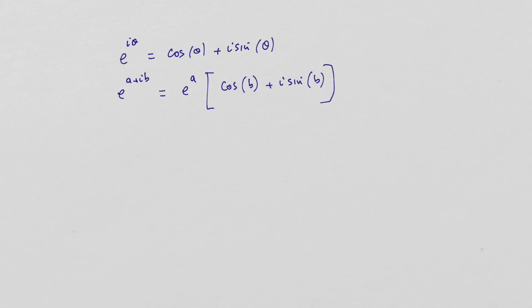The reason is this is e to the a times e to the ib, which is e to the a times this. Well, this is exactly this, just b is your theta. So you get that. We can also write it this way, for simplicity, e to the power of a cis b. You remember cis b is cosine b plus i sine b.